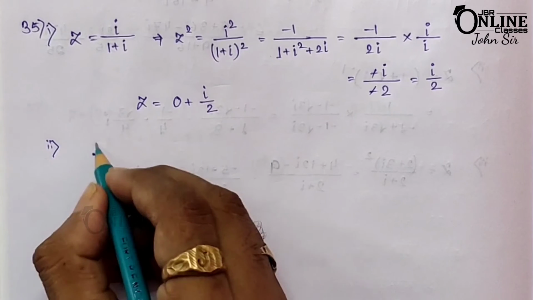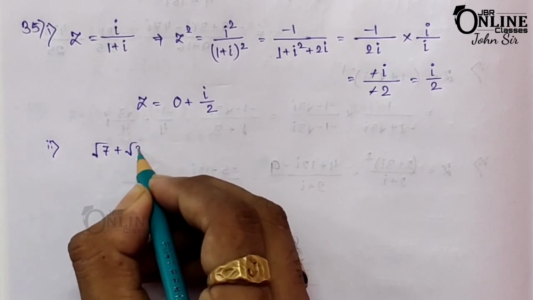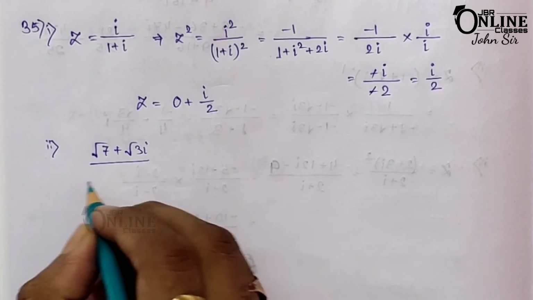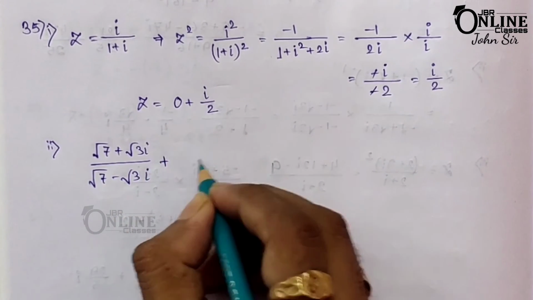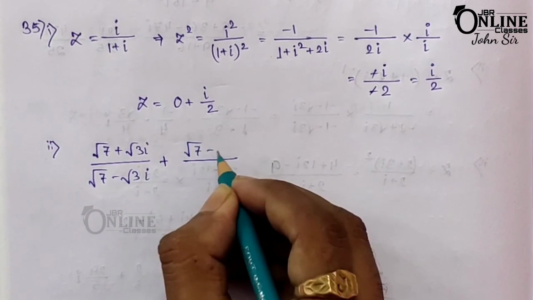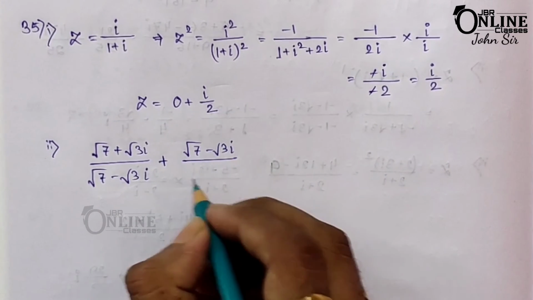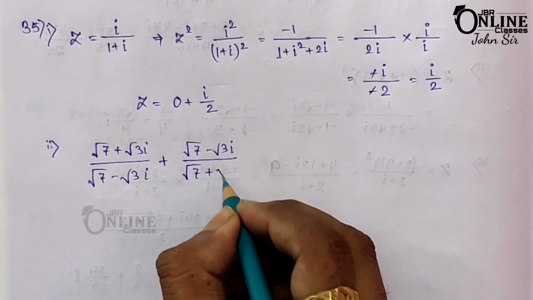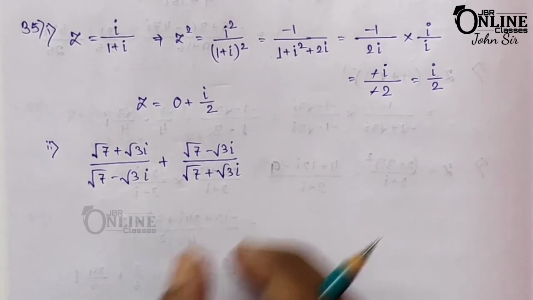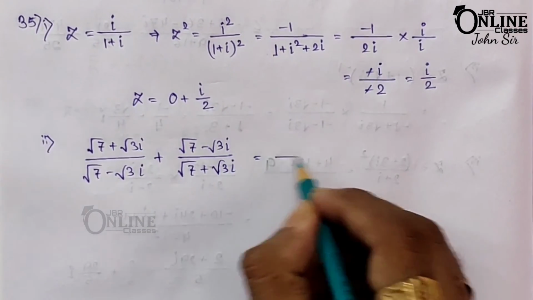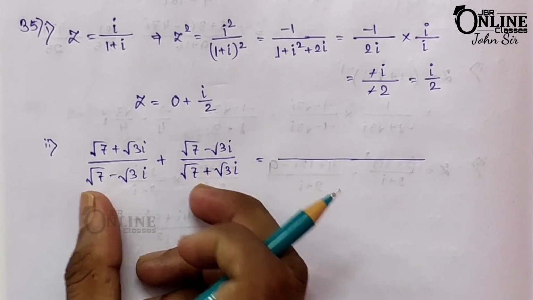In 35(2), show that root 7 plus root 3i divided by root 7 minus root 3i, plus root 7 minus root 3i divided by root 7 plus root 3i, is real. Okay, so now as here the LCM will be the multiplication of these two.